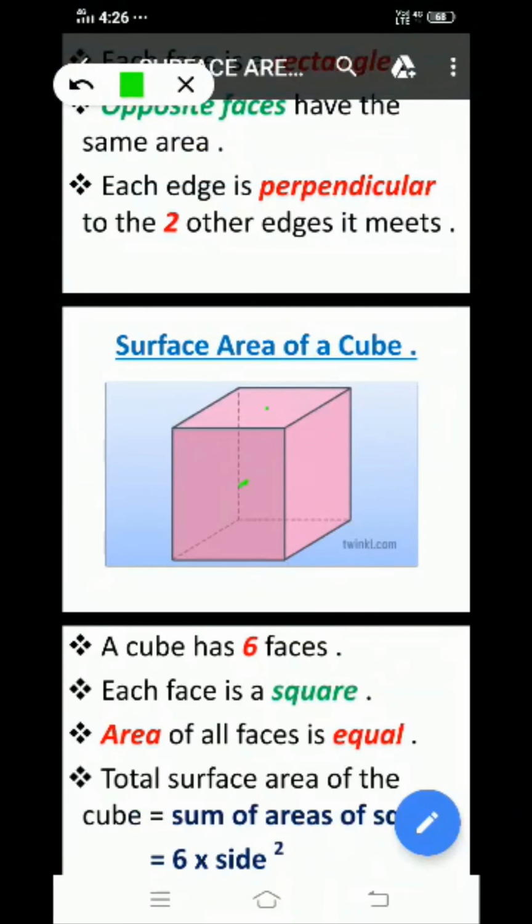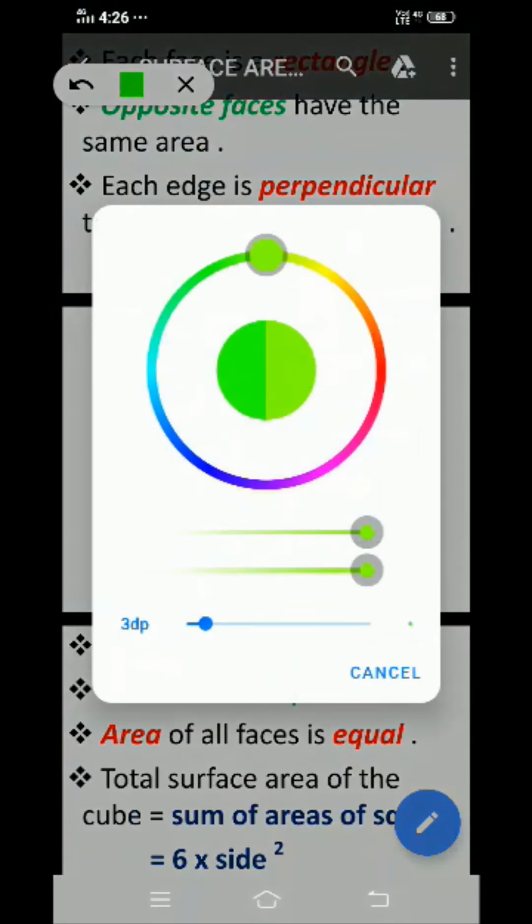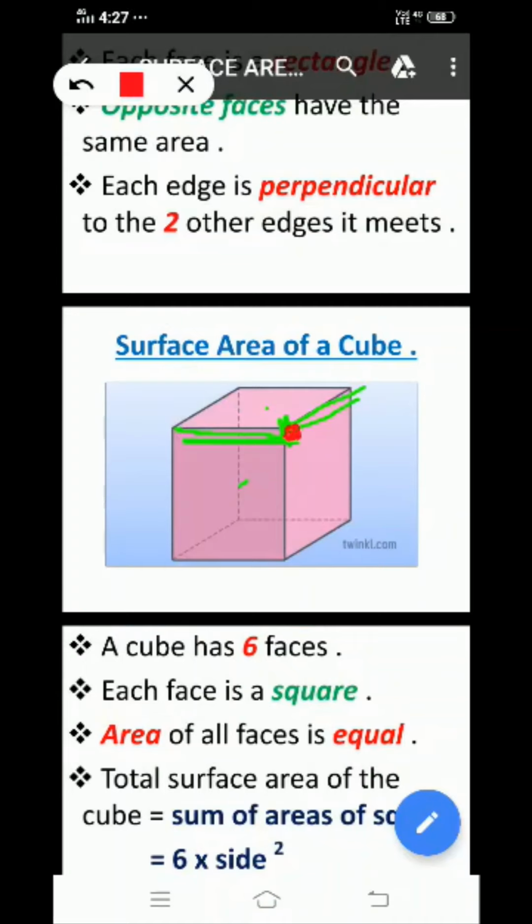When this face and this face meet, that line is called an edge. And where two edges meet, that point is called a corner or vertex.